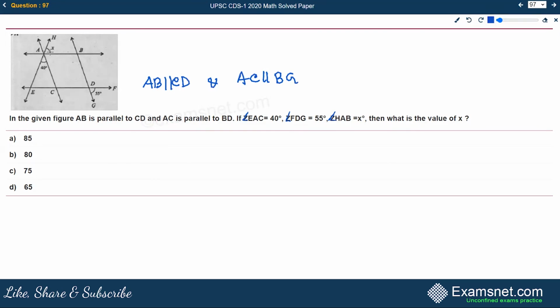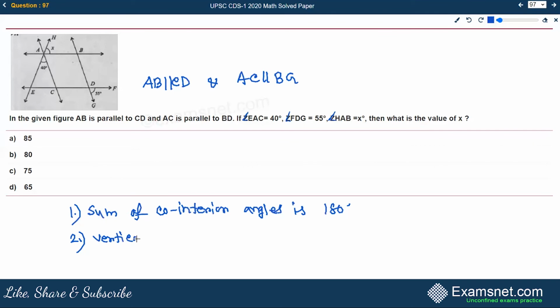So we already know when two parallel lines are intersected, the corresponding angles formed are equal. Also, the sum of co-interior angles is 180 degrees. And also we know vertically opposite angles are equal.